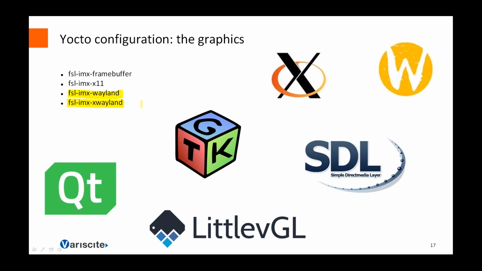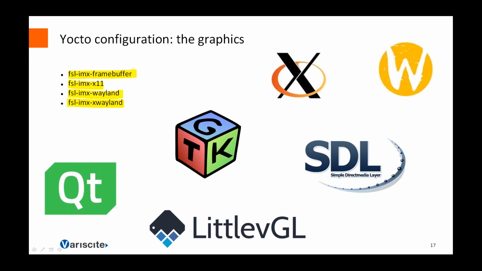Just for the sake of knowledge, I also reported the other two graphical backends that are not supported by the i.MX 8 family, which are X11 and the frame buffer, where the frame buffer is direct access to the frame buffer area. Whatever you choose, this will just provide you the way to access the graphics, but you are supposed to choose a graphical library in the end.